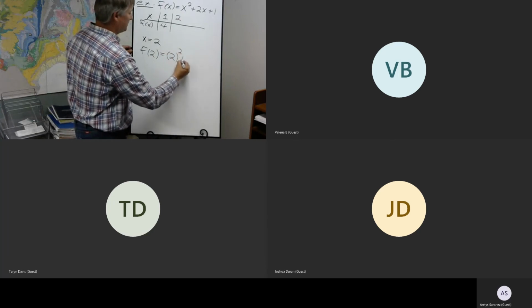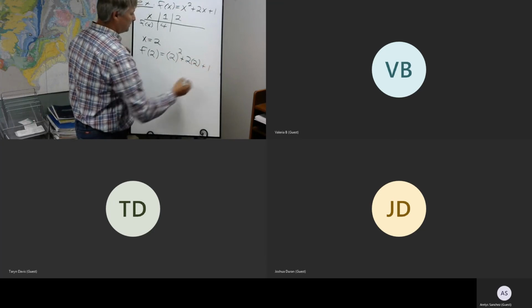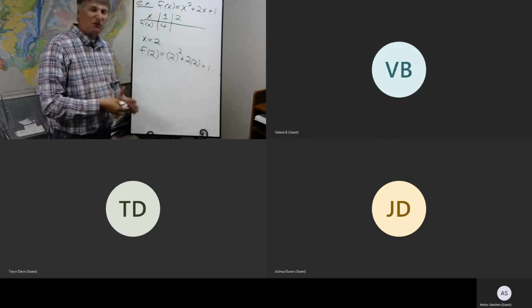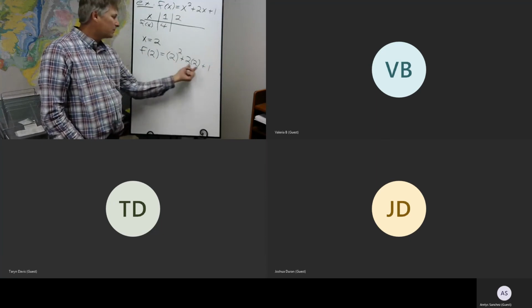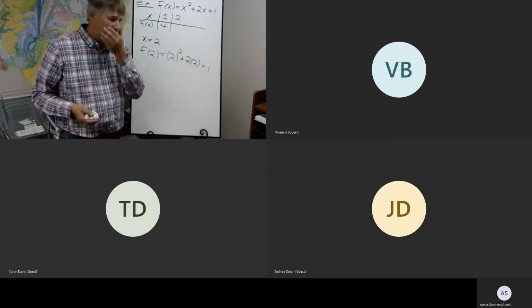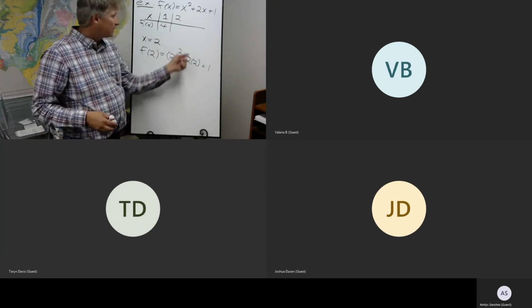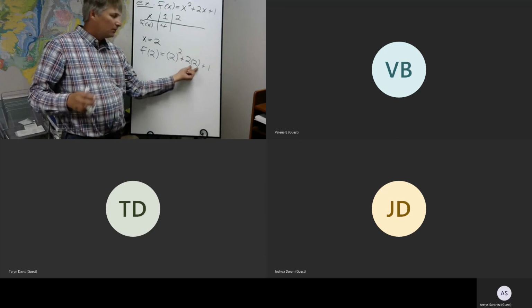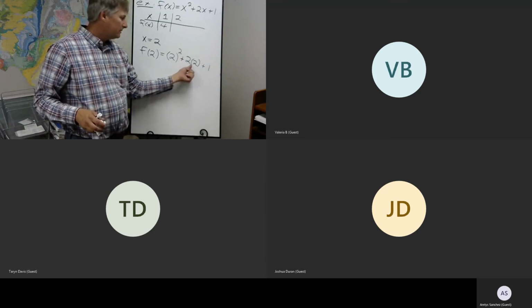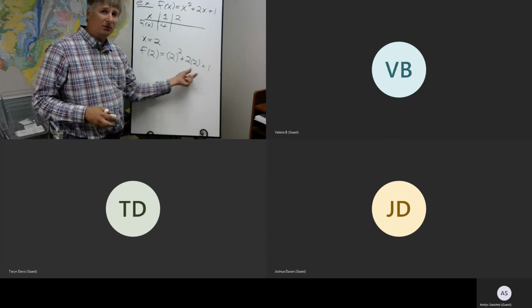So you have 2 squared plus 2 times 2 plus 1. Now there's a convention in mathematics that when we replace a variable with a number, we oftentimes put it in parentheses. You don't always have to do that. Like I didn't do it last time. But I'm going to replace this x with a 2 in parentheses. Remember, a number next to a number in parentheses means multiplication.